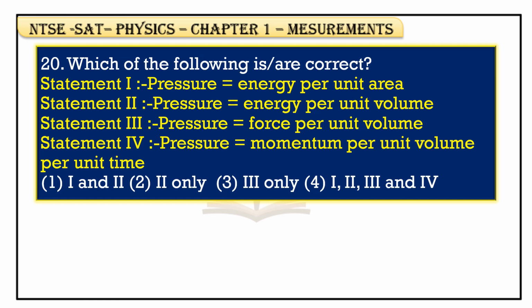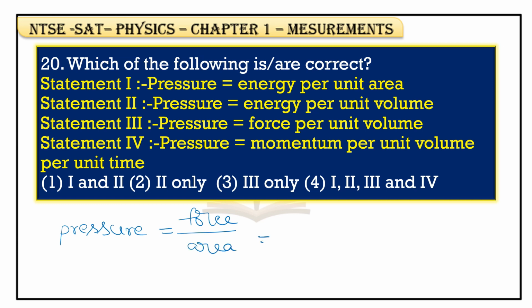So here, which are the correct statements? Pressure is equal to energy per unit area. Second one, energy per unit volume, or momentum per unit volume per unit time. So here, the pressure is force acting per unit area. So pressure is equal to force by area.